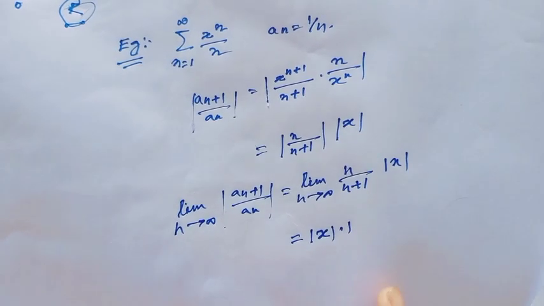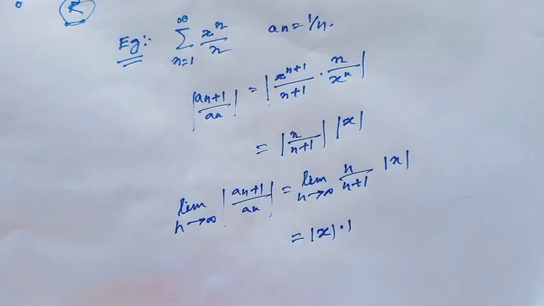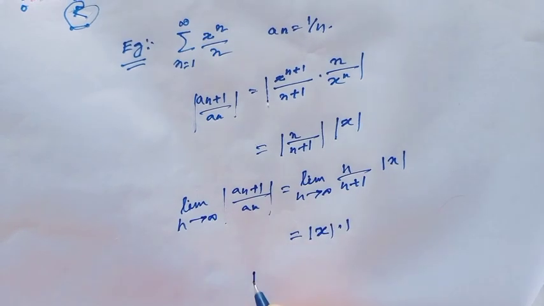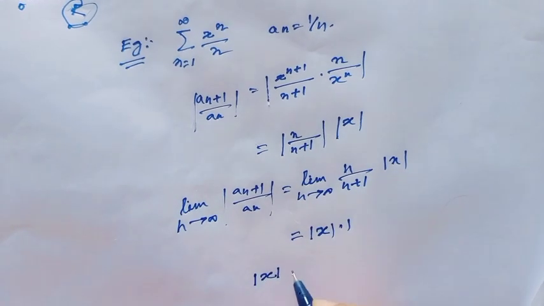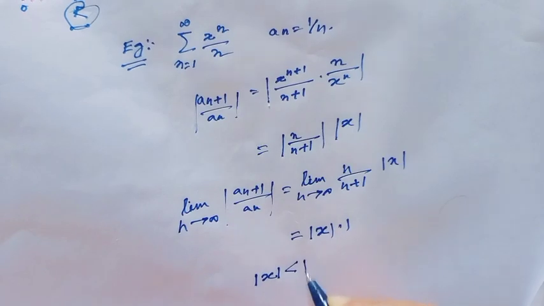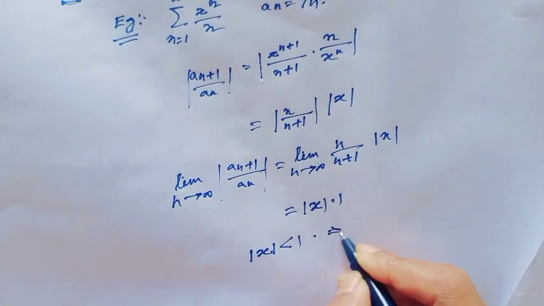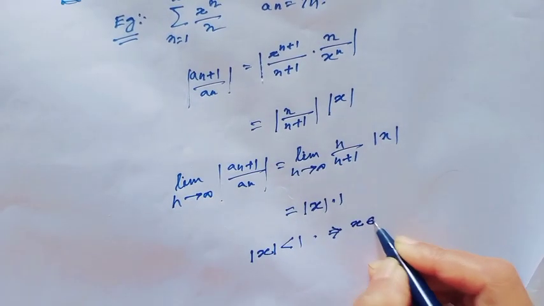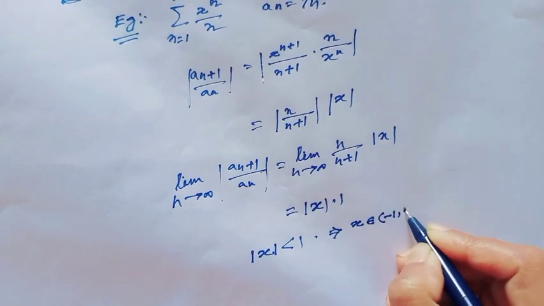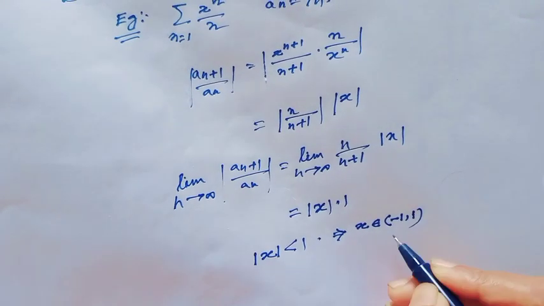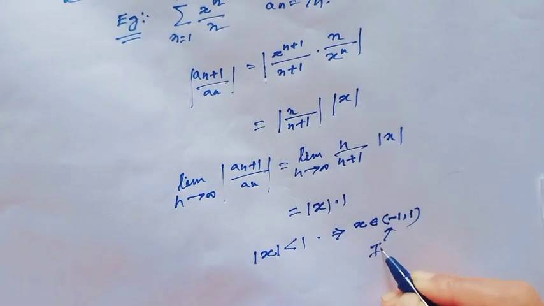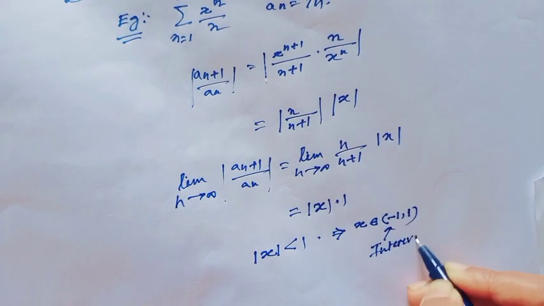Therefore, this power series converges when |x| is less than 1. From this expression, x belongs to minus 1 to 1, and this is the interval of convergence.